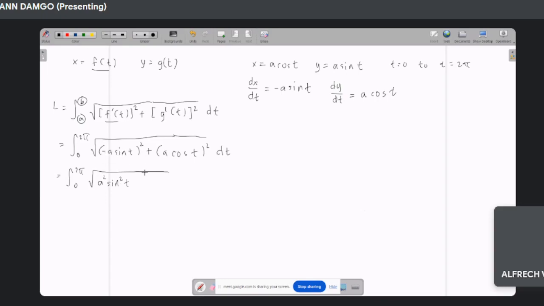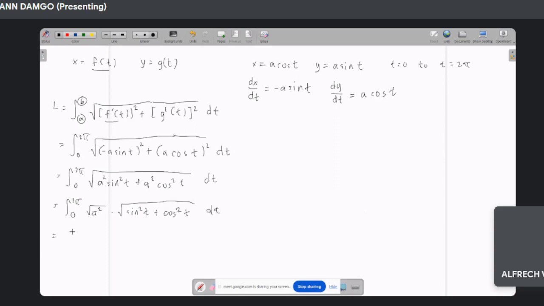So mawala ng negative because of the square. Plus, we have a squared cosine squared t dt. Okay, so from 0 to 2 pi. So, pwede na to ma-factor out ang a squared. So, this can be written as square root of a squared times sine squared t plus cosine squared t dt.